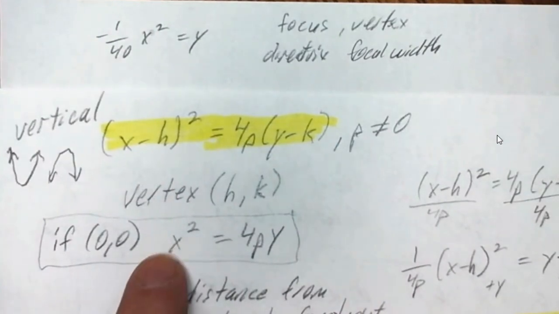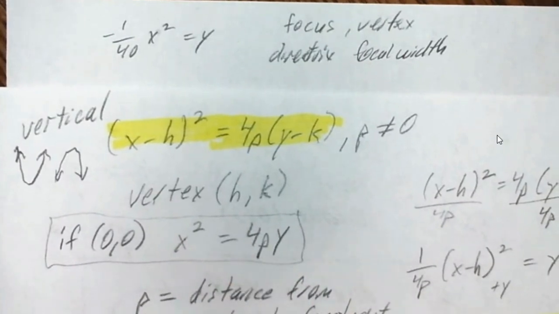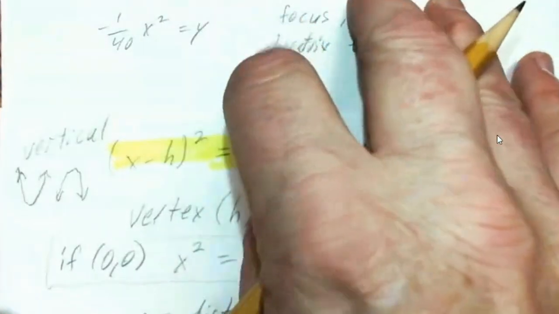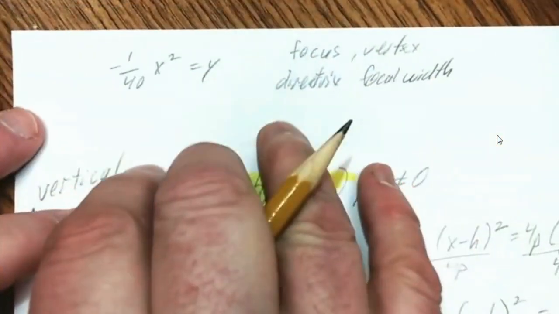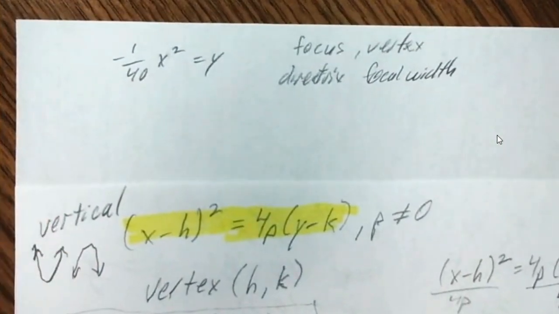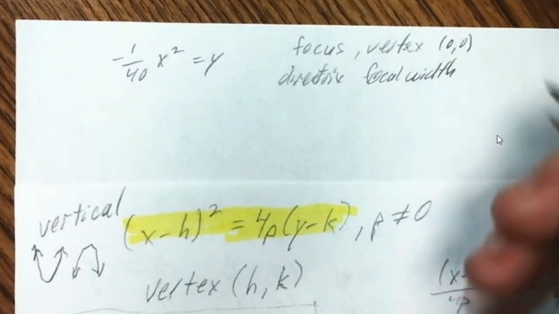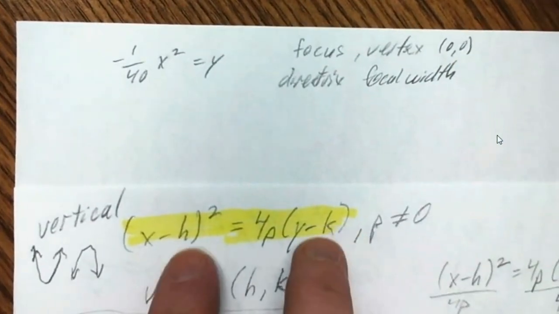So we need to move it over with the y side so we can start pulling all these numbers together. Since this is -1/40 x, we just want x squared on that side. So the vertex is at 0, 0 because there's not an h and a k in our equation.